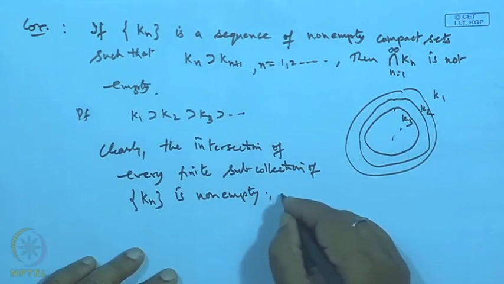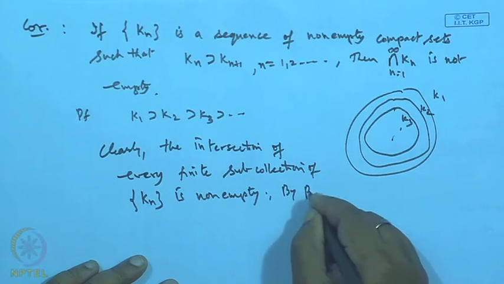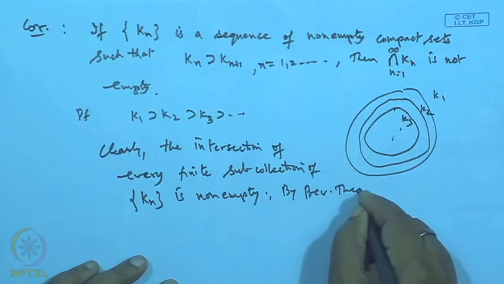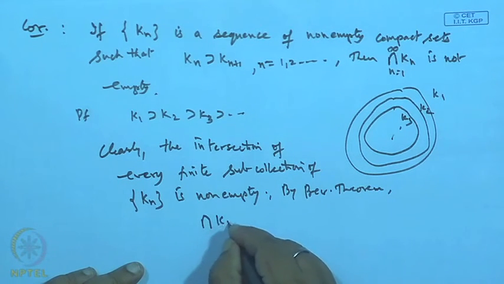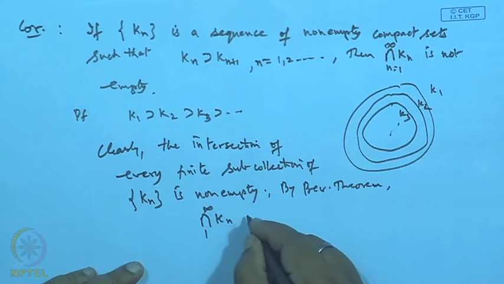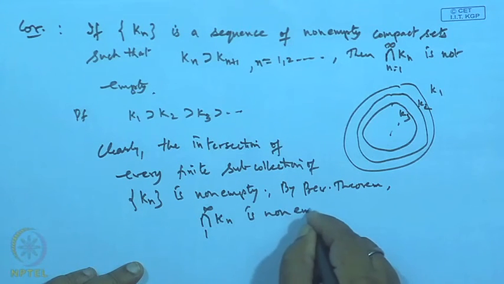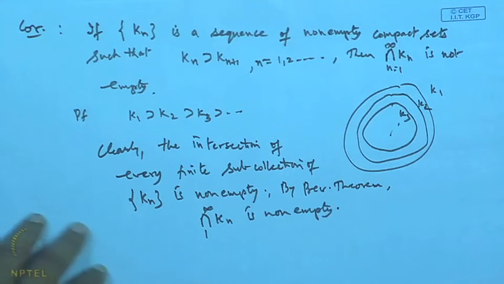So by the previous theorem, the countable intersection from 1 to infinity is non-empty. That is proved.